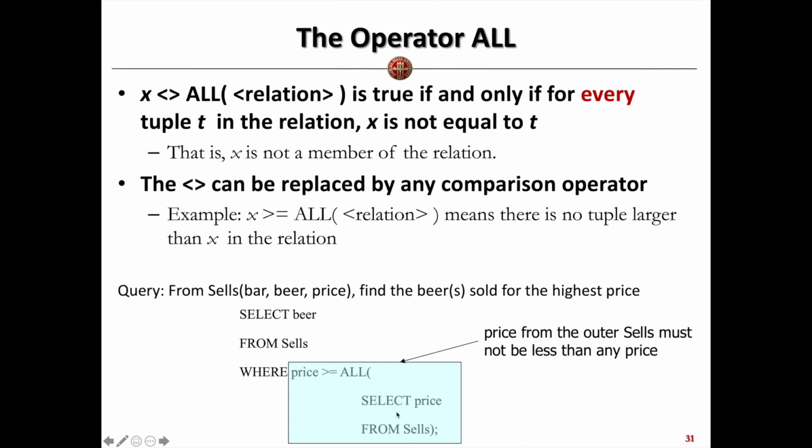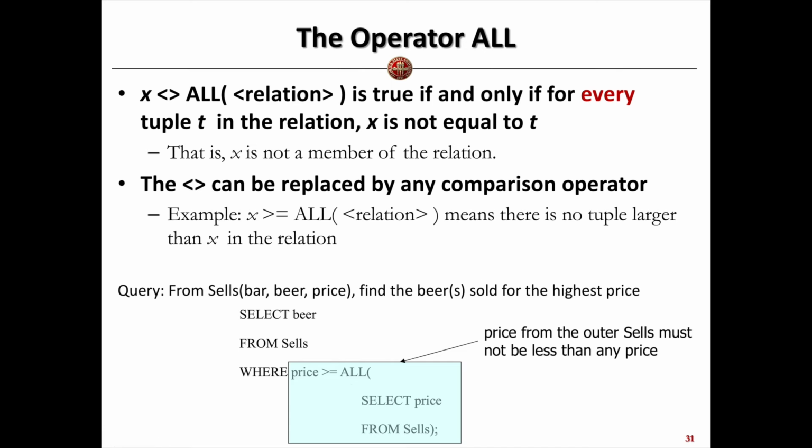It denotes this price is not smaller than all the values inside the subquery, which are all the prices in the sales table. In other words, this price will be the highest price in the sales table.